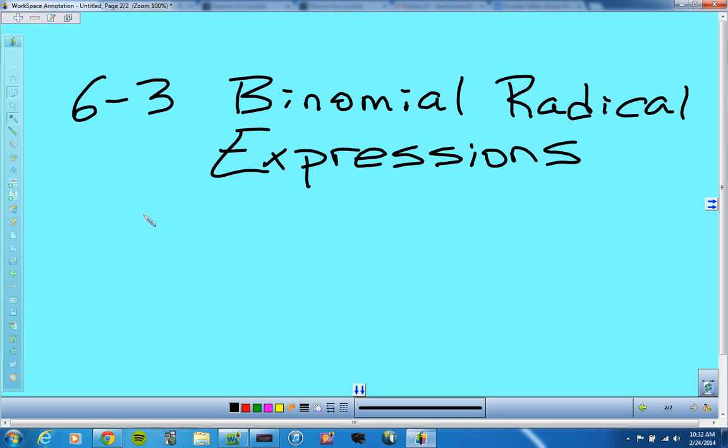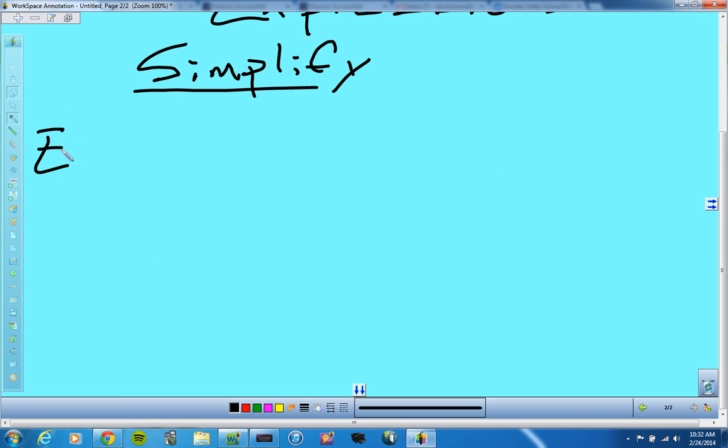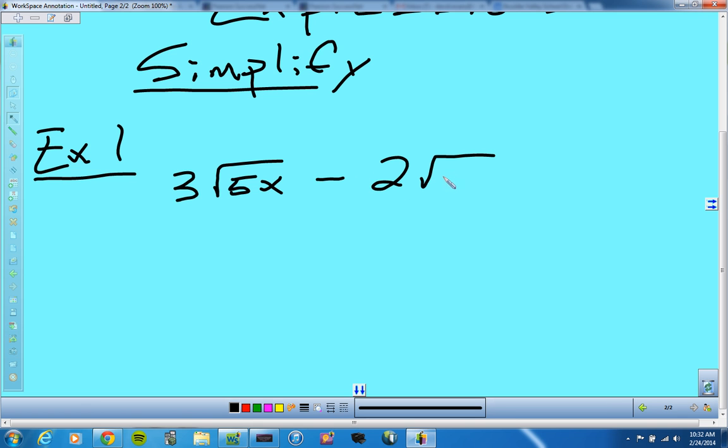So we're going to simplify. We're going to do 3 times square root 5x minus 2 times square root 5x. When what's underneath the square root is exactly the same, that's when you can just add or subtract. So what do I get?